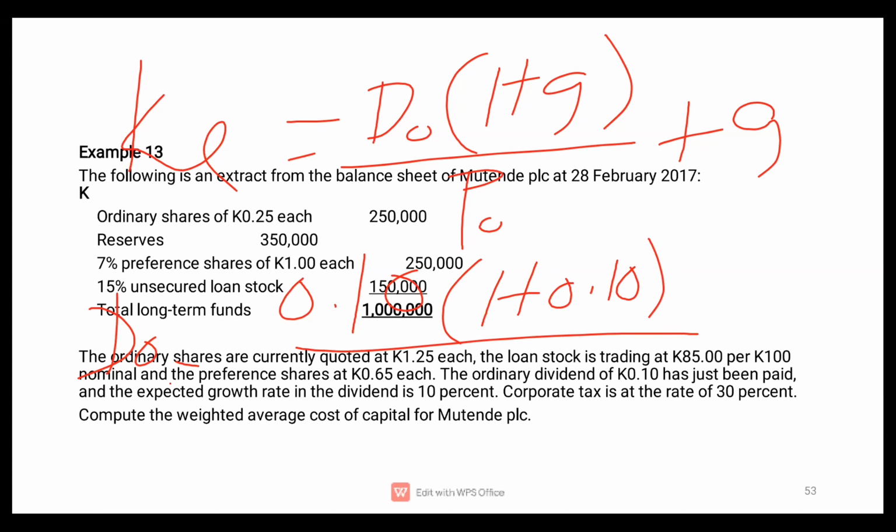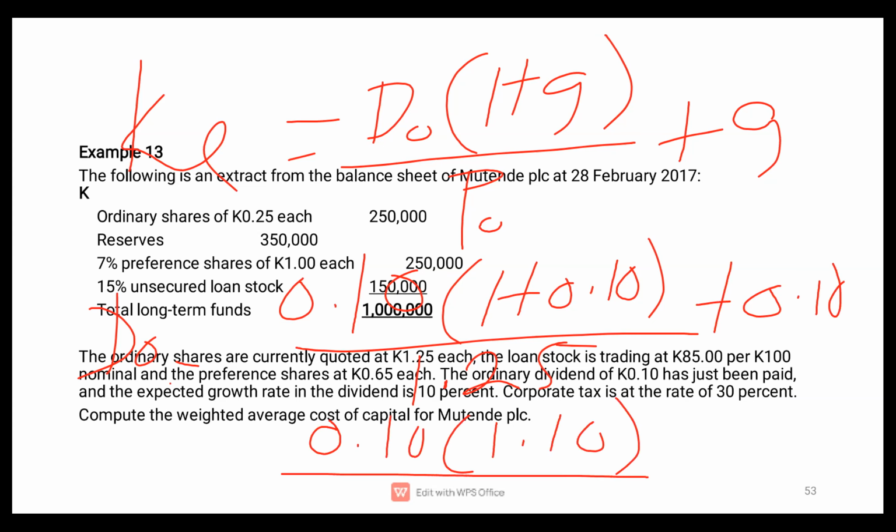One share is 1 kwacha 25 ngwe, plus the growth rate. So you have 0.10 times 1.10 divided by 1.25, plus the growth rate, 0.10.